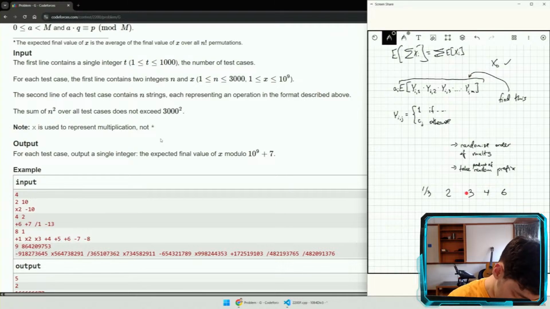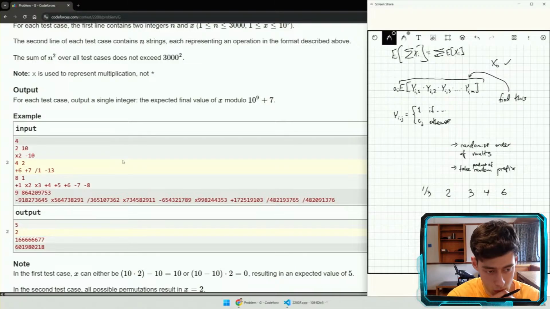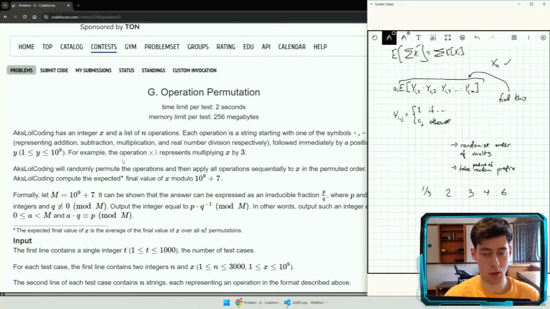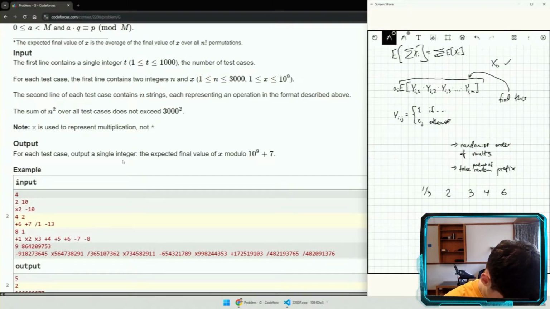So for each of these values, it is 50-50 whether I end up multiplying by it.